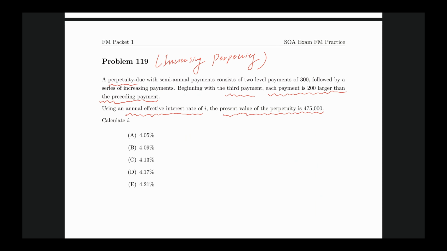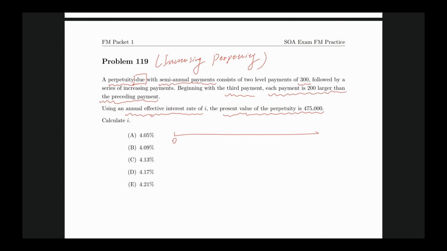Okay, so the payments are made every half a year, and basically the first two payments are 300, and after the second payment, it's going to be $200 more each time. And notice that this is a perpetuity due.